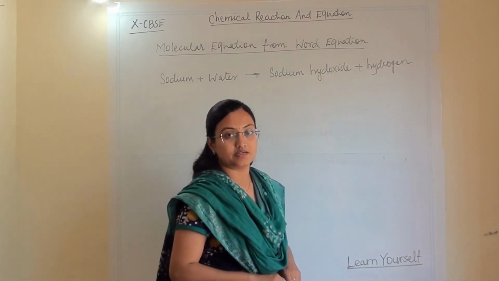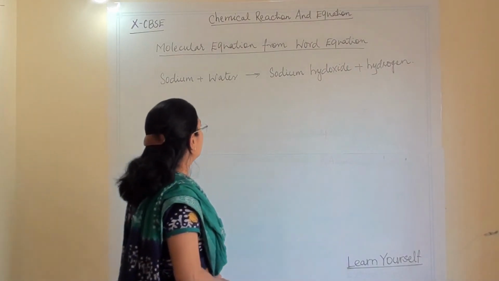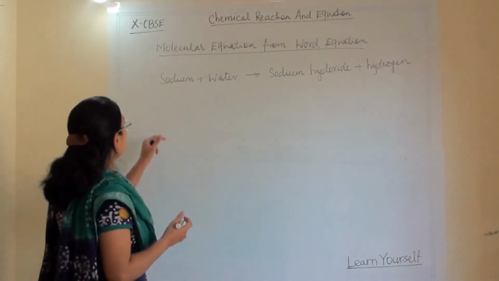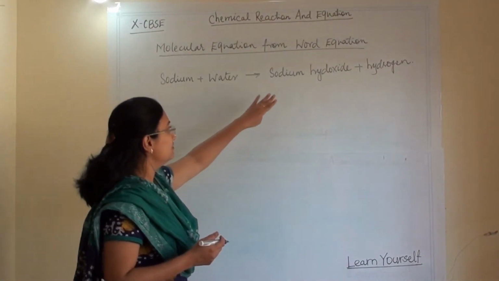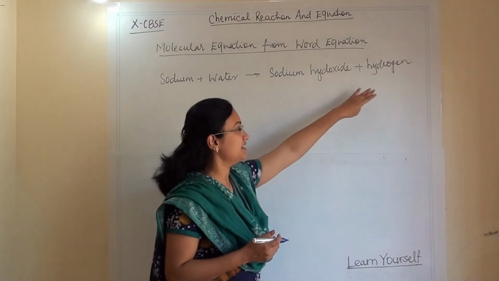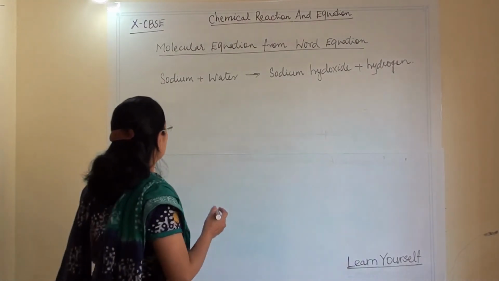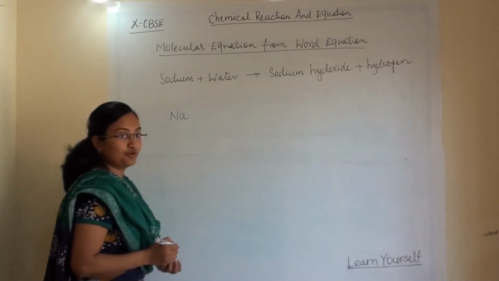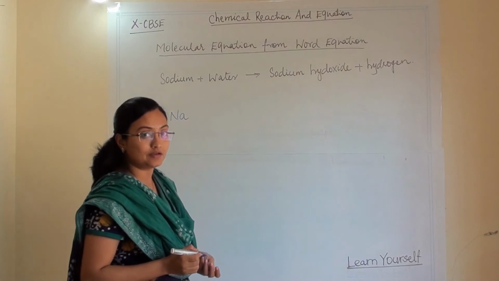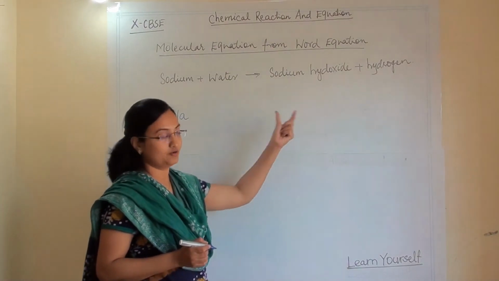Let us understand another equation. It has been given that sodium plus water will give us sodium hydroxide and hydrogen. We need to know the symbols of sodium and water and the molecular formula of sodium hydroxide.